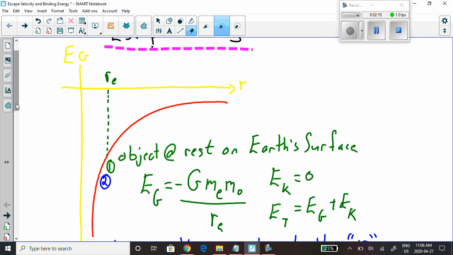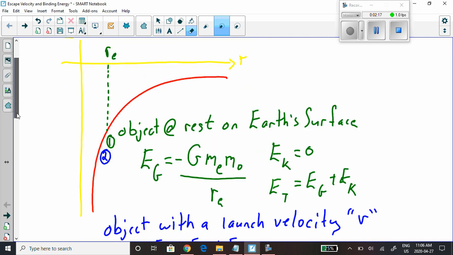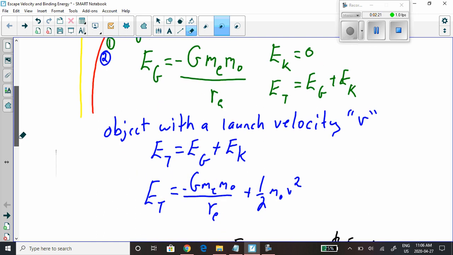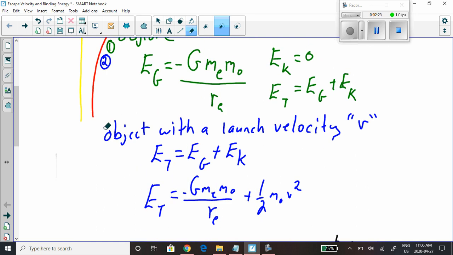So that's the first situation. It's just sitting there. Let's change things up a little bit. Let's now say that instead of this object just sitting on the surface of the Earth, it's been launched with a certain velocity. So let's say you shoot it out of a cannon straight up into the air, or you launch it with a slingshot, or it's a soccer ball and Thor comes around and boom, kicks it.